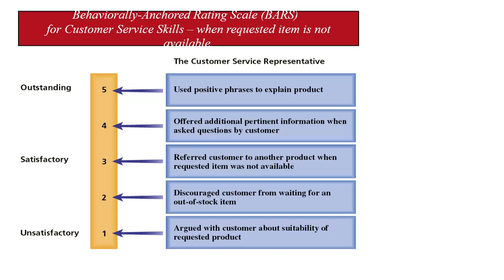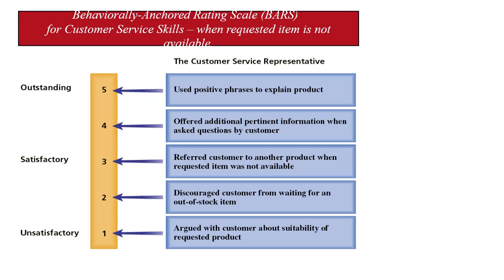Then offer additional pertinent information when asked questions by the customer, that is seen as somewhat satisfactory behavior. Then use positive phrases to explain a new product, wherein the old product which was asked for is forgotten by the customer, that is outstanding behavior.